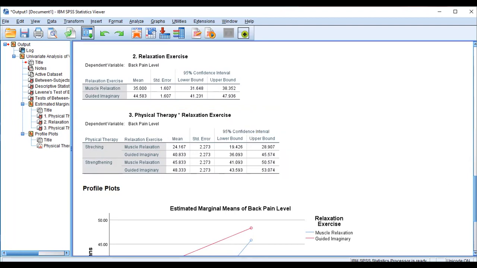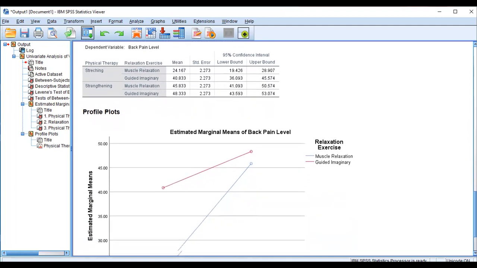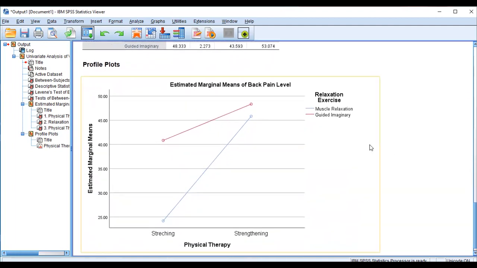And then this is just a plotting I've done for you to understand, looking at stretching and strengthening, this is stretching and this is strengthening. This is what we are seeing, how they are moving, and how the muscle relaxation is moving.